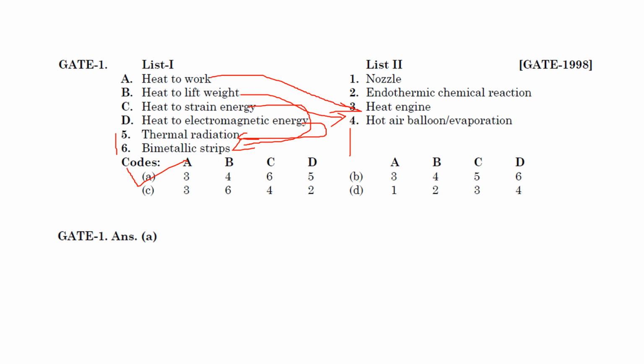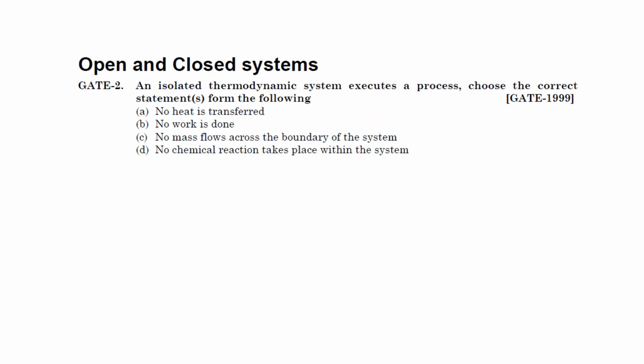No problem. Next question, from open and closed systems. Let's read that. An isolated thermodynamic system executes a process, choose the correct statement from the following. So it is asking about an isolated thermodynamic system.